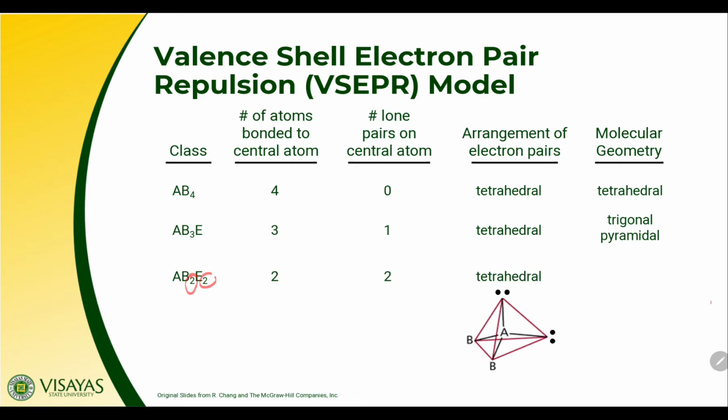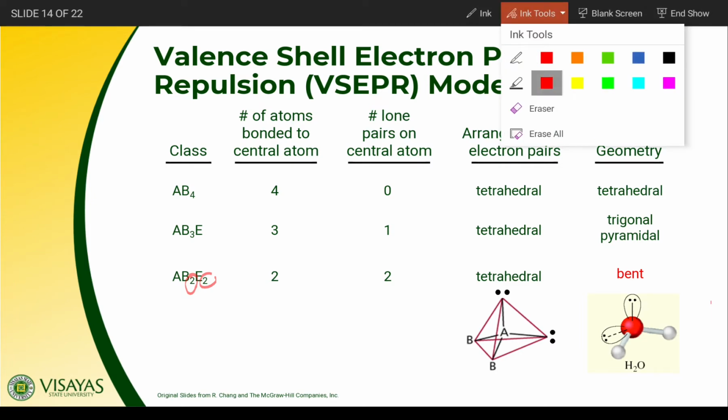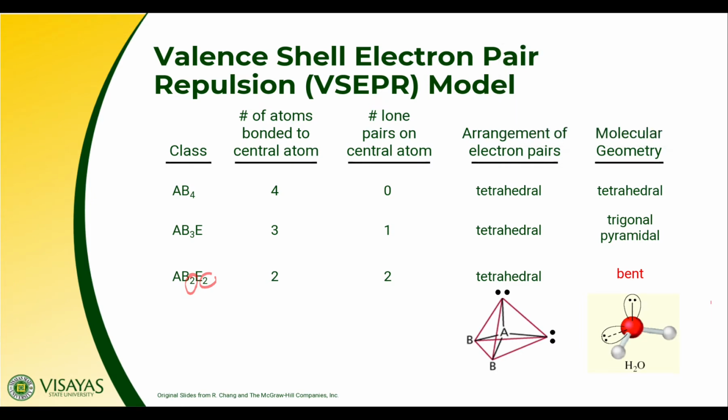So the arrangement of the electron pairs is tetrahedral, but after taking into account the repulsion of the lone pairs and the bonding electron pairs, we now have a bent structure or molecular geometry for class AB2E2. An example of a molecule with AB2E2 class is water. So we have our oxygen as the central atom, and we have 2 hydrogen atoms bonded to the oxygen, and we have our 2 lone pairs here.